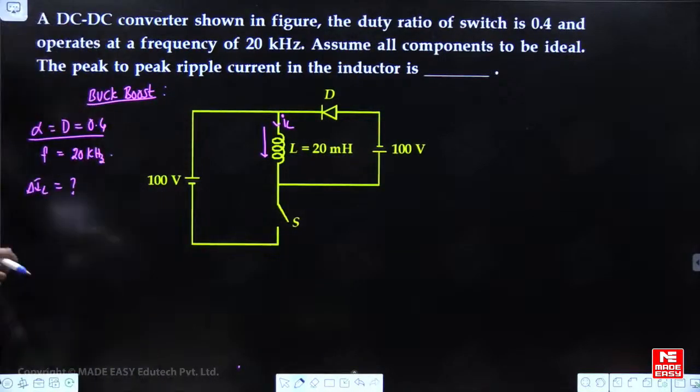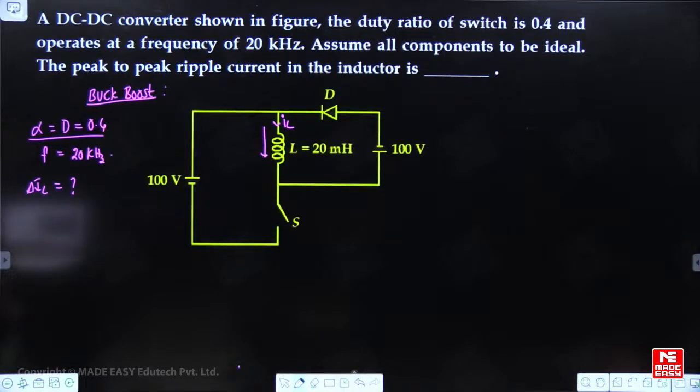Very wonderful question. Make it fast. Very simple question.